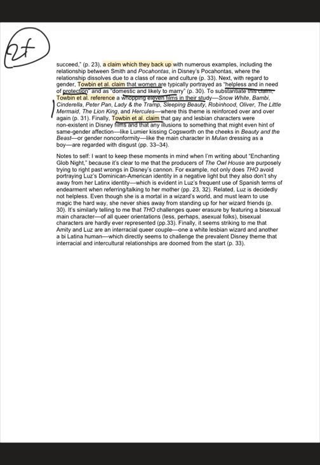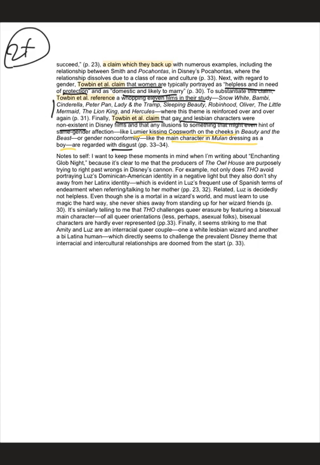Tobin et al. claim that gay and lesbian characters are either non-existent or are regarded with disgust. And so they give you the examples of Lumiere kissing Cogsworth and the disgust that happens, or the main character in Mulan dressing as a boy and how people regard her with disgust for doing that, okay?